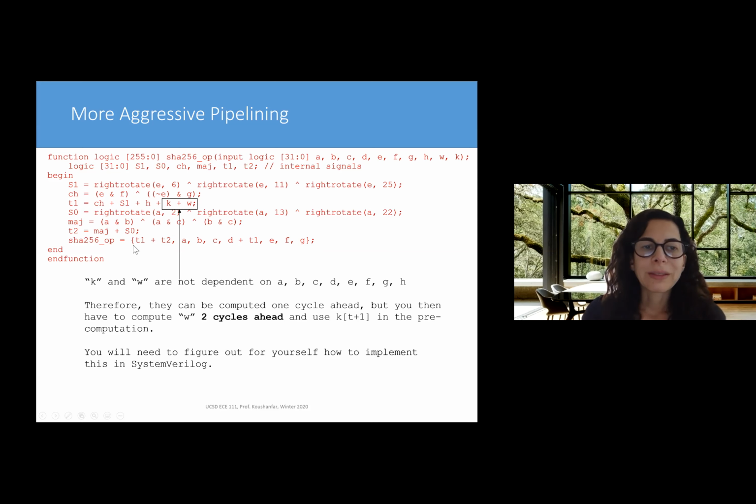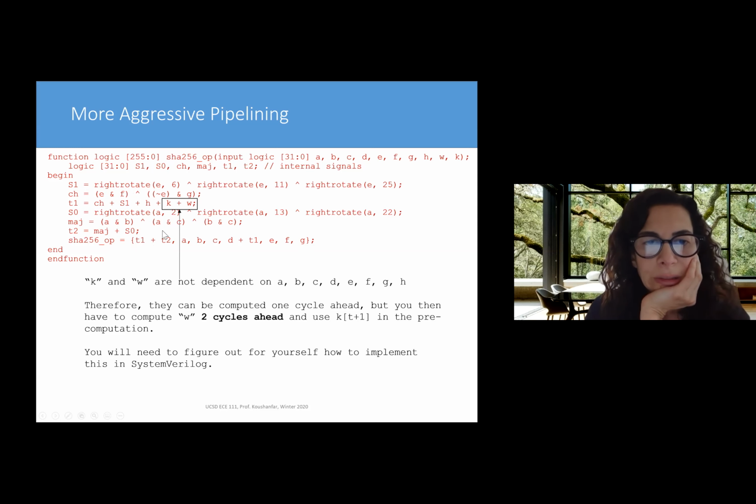So the critical path here is really the computation of this value; in a sense, T1 is the bottleneck. So this is also a long computation.